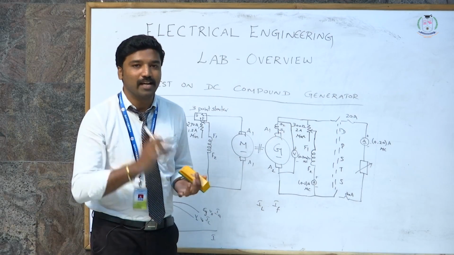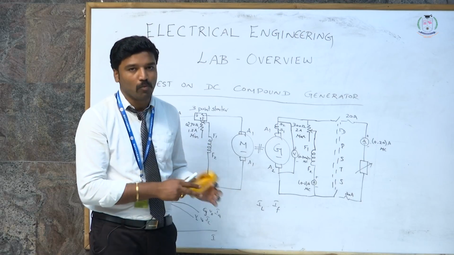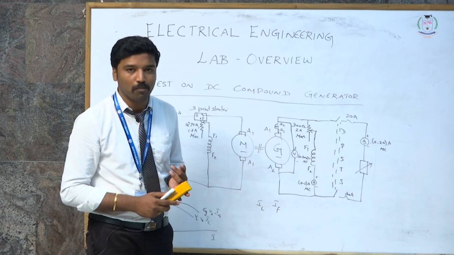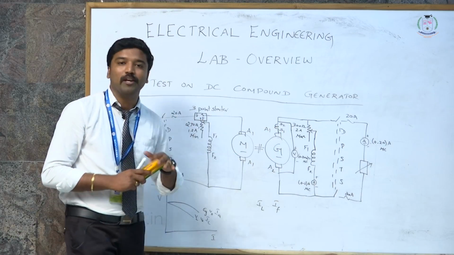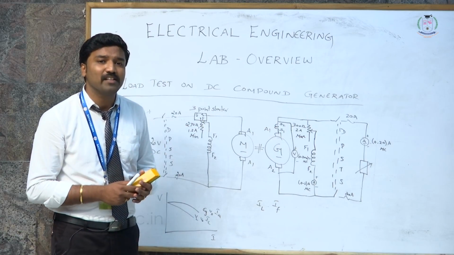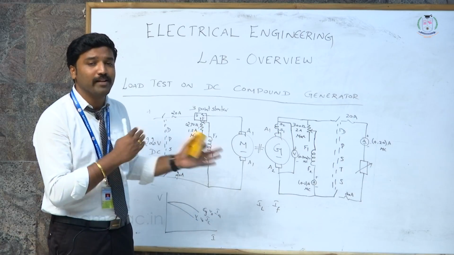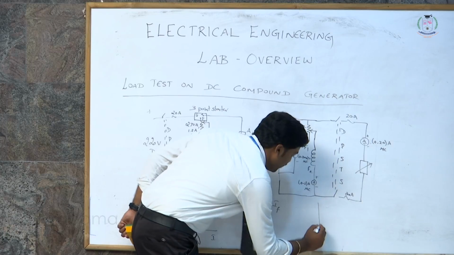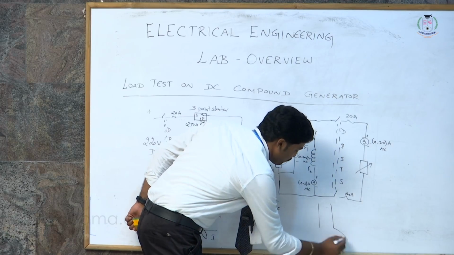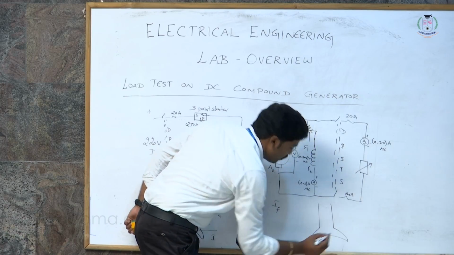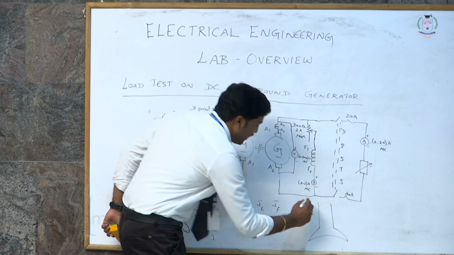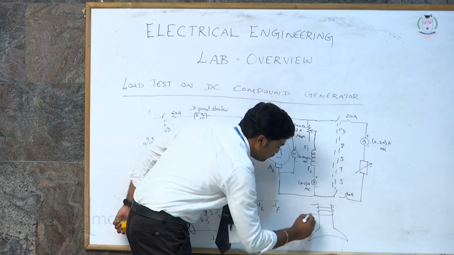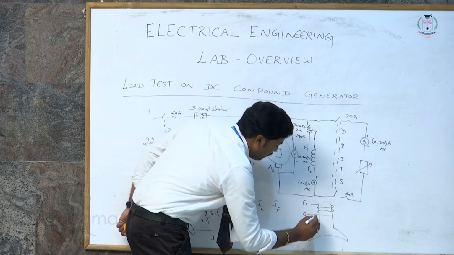In a compound generator there are two methods to conduct the experiment: one is differentially compounded, another one is cumulatively compounded. The diagram I made is for cumulatively compounded. How do we identify the difference between cumulative and differential? We have poles in the generator with pole shoes. Take for example, I am going to wind the parallel field winding first, F1, F2.